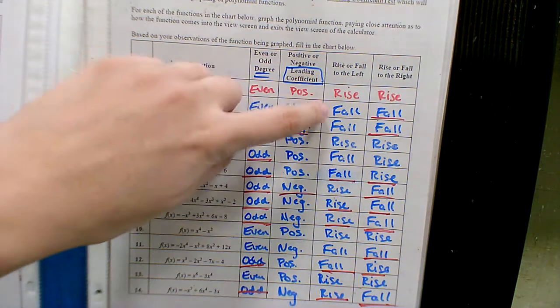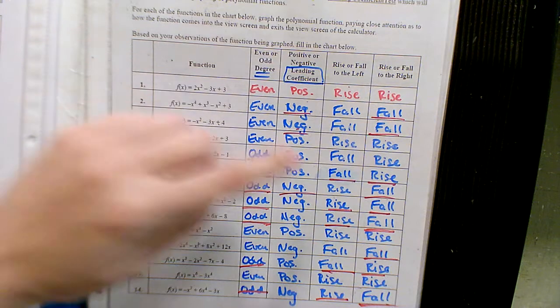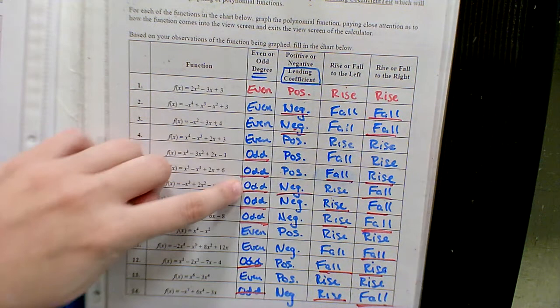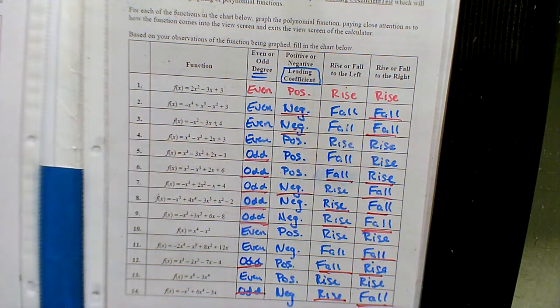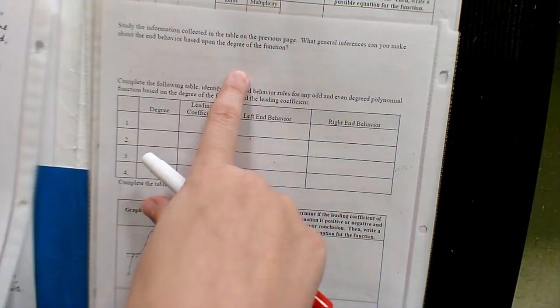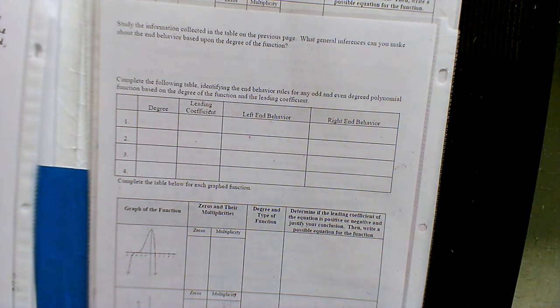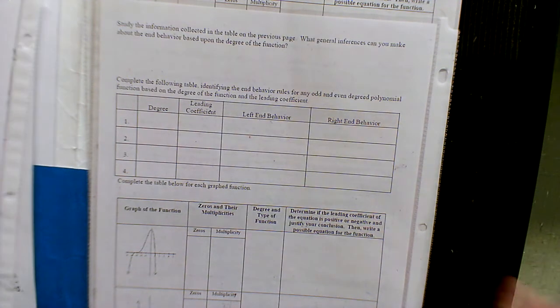Okay, is the left-hand side also going to fall if it's an even degree, or is the left-hand side going to rise if it's an odd degree? Okay, so we're going to kind of make note of all those connections or relationships on the next page. So we're going to have the general ones up top, and then we're going to have kind of the more specific ones in the table, because it's those specific ones that are a little bit more accurate or concrete. Those are the ones that we're going to use.